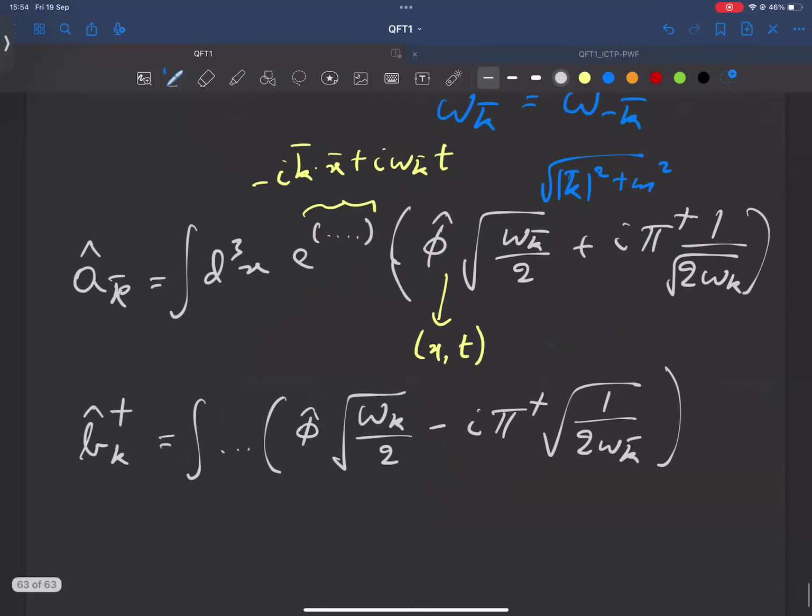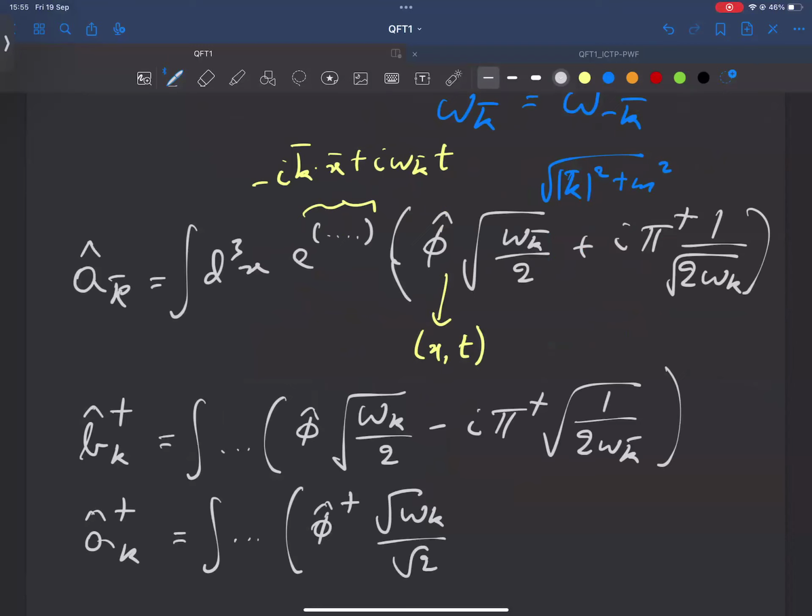Again, pi dagger 1 by 2 omega k. Now if we write down A dagger, you get phi dagger, again the same omega k by root 2, minus i pi hat. I'm missing hats, but okay.